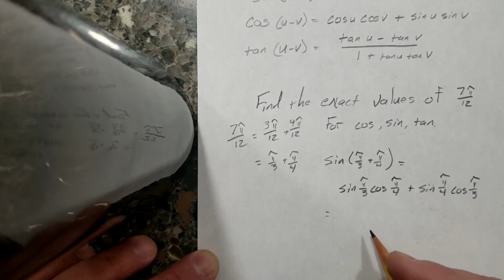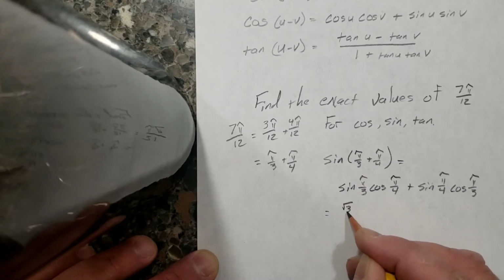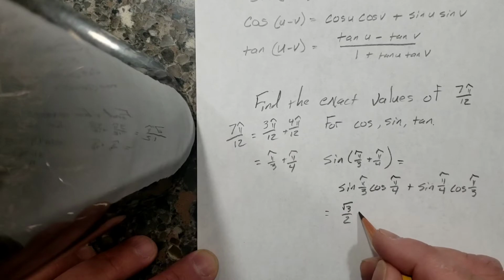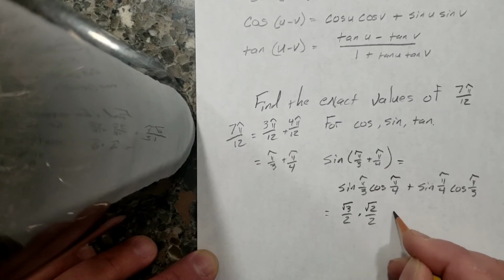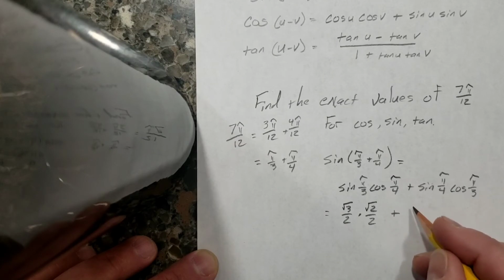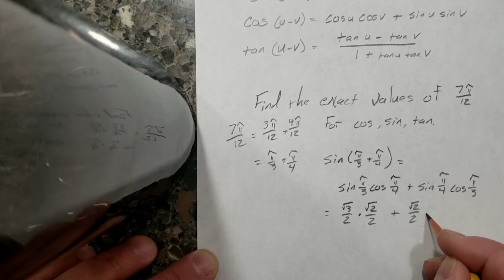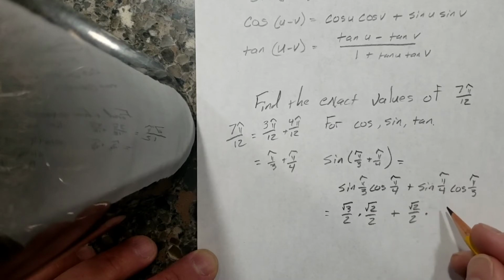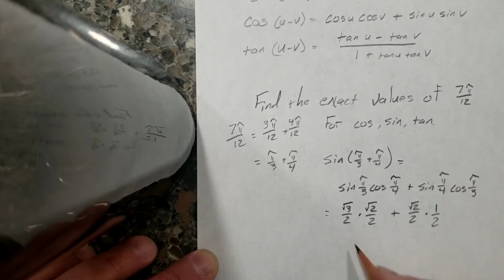So you have the sine of pi over 3, radical 3 over 2, times radical 2 over 2, plus the sine of pi over 4, radical 2 over 2, times the cosine of pi over 3, which is 1/2.